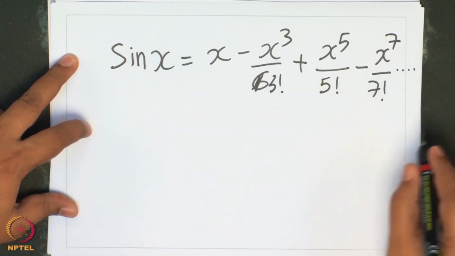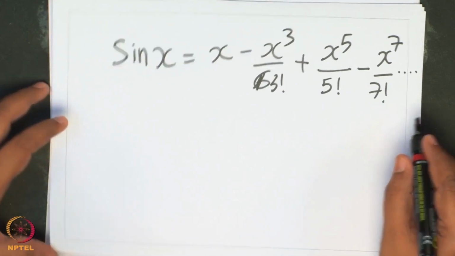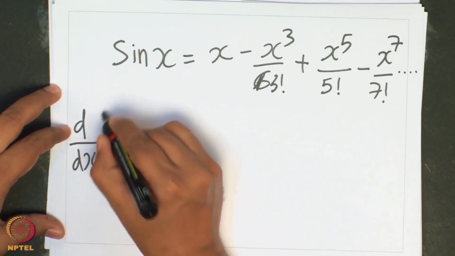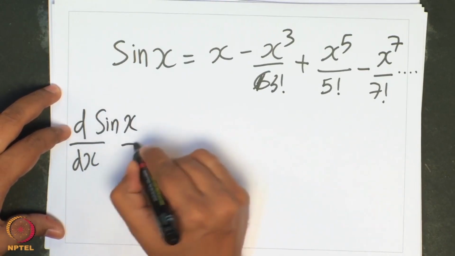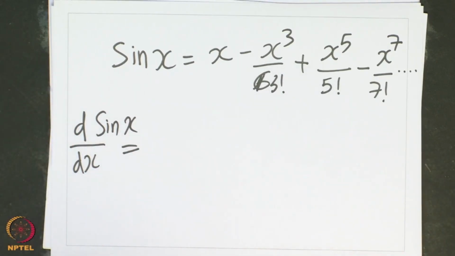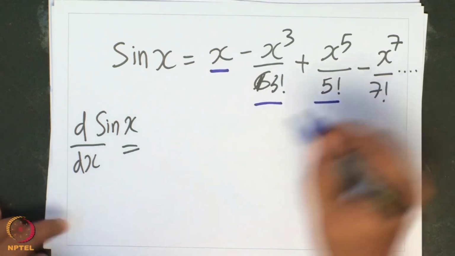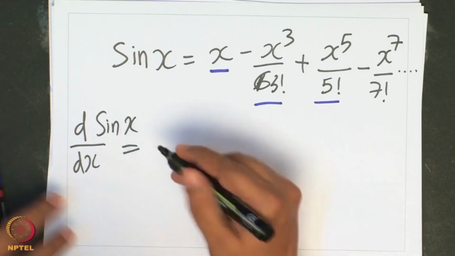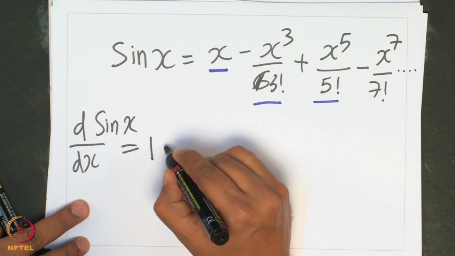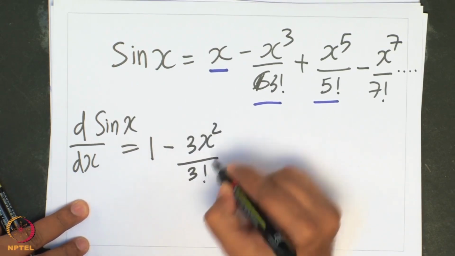To calculate the derivative of sin x, like we said in the earlier class, we can find the derivative of each of these terms. So, x has a derivative 1 and x cube has a derivative 3x square, so minus 3x square divided by 3 factorial.